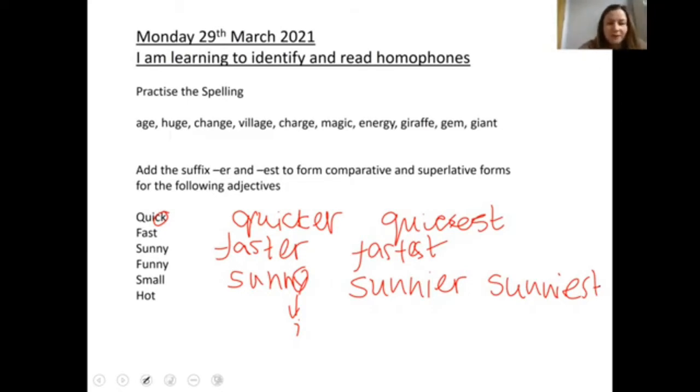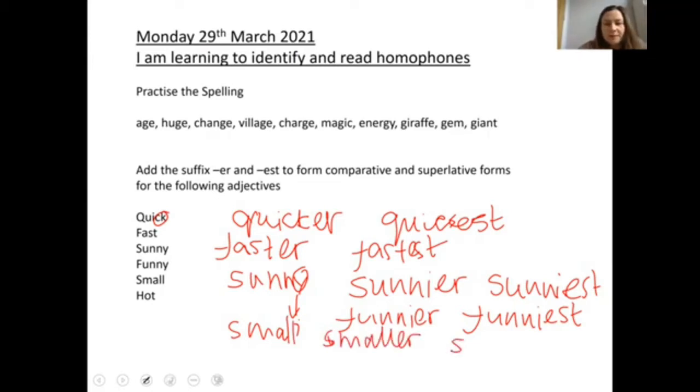So we have funnier, and then funniest. Okay, and then you have small, smaller, and then you have smallest.